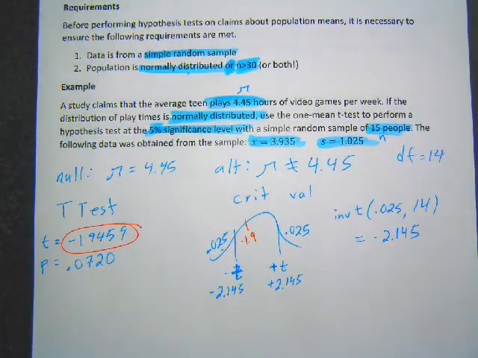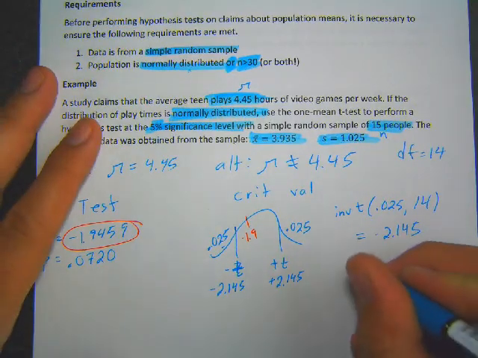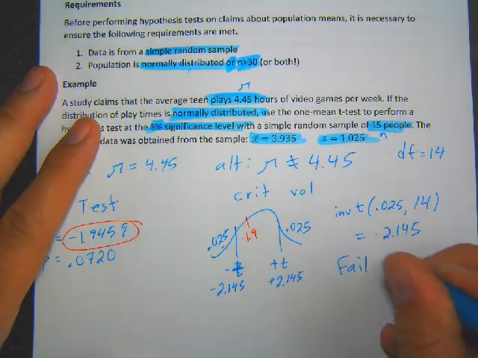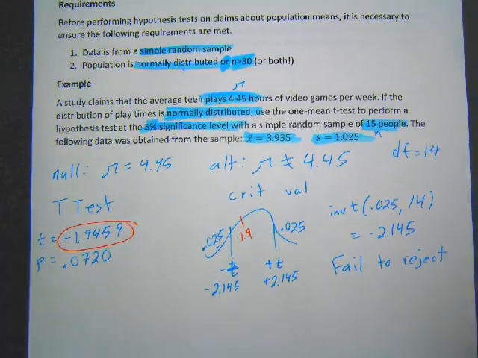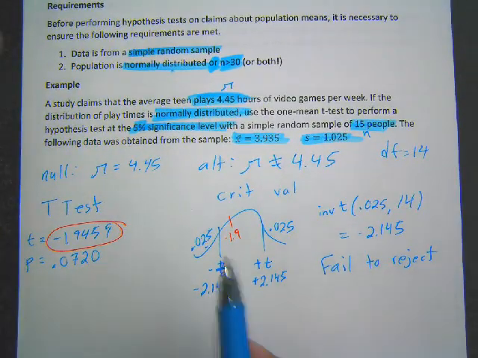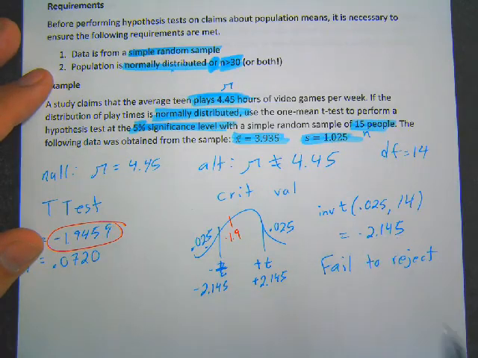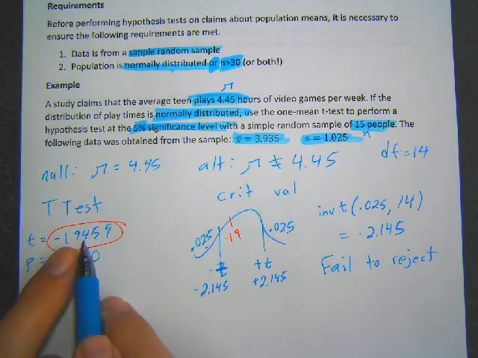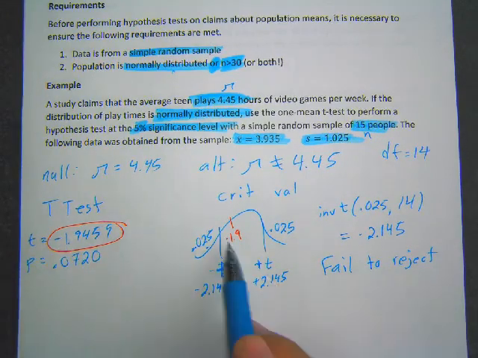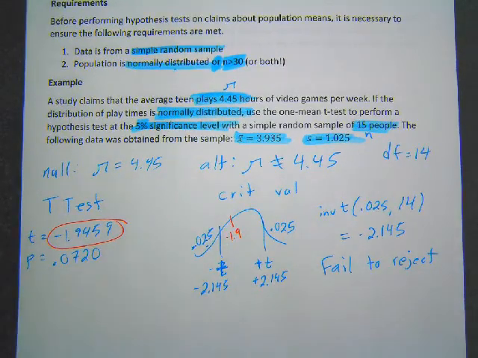So it's not extreme enough, and so in this case we would fail to reject. So using the critical value method, we fail to reject because the negative 1.9 is not further out than our critical value. We're always comparing the test statistic with the critical values. If it's not more extreme, then we fail to reject.